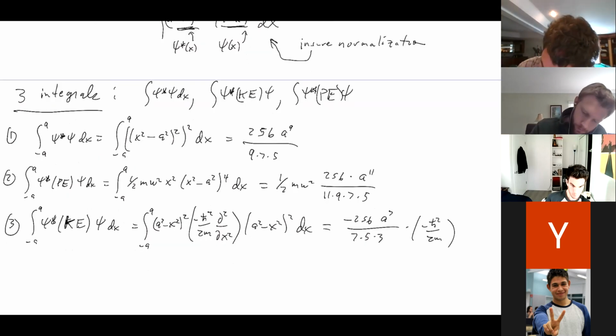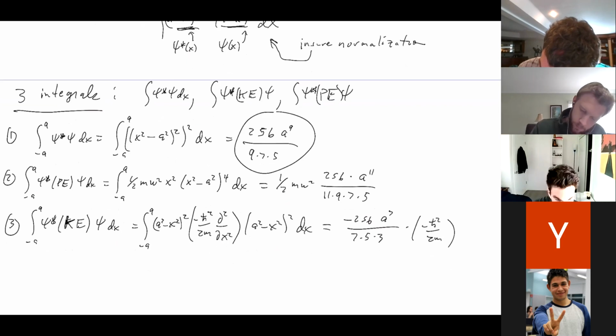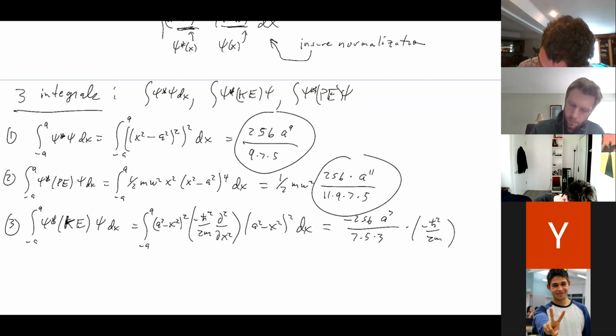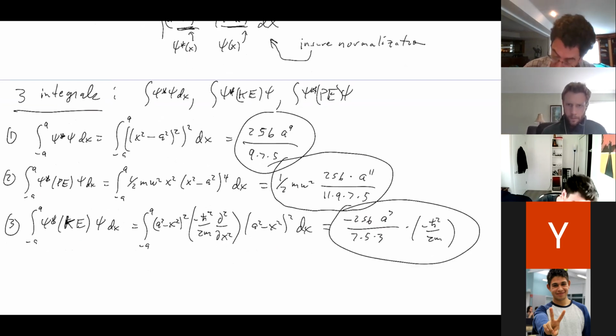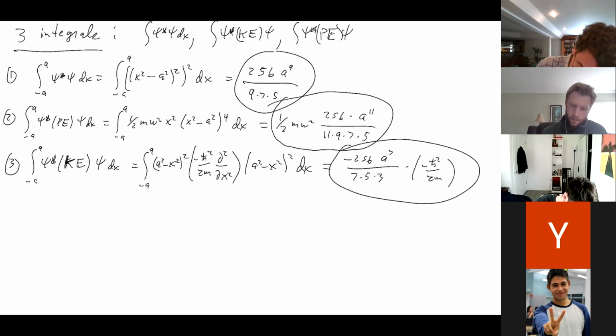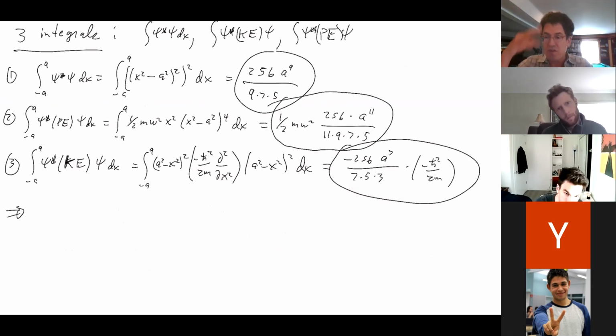So now I've got these 3 pieces, and so now let's just add them up. I add the 2 and divide by the 3rd.